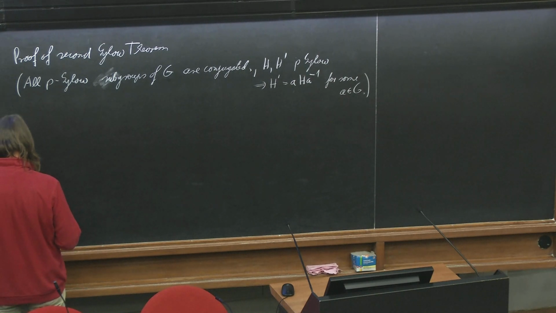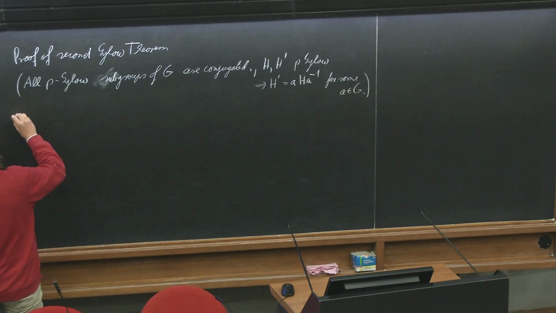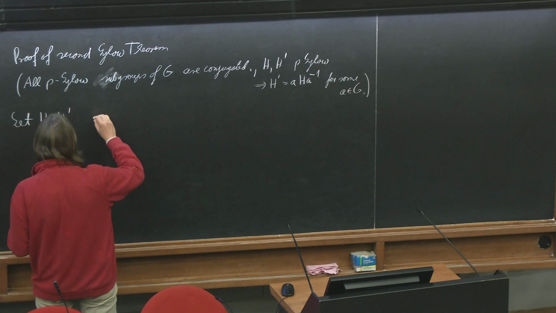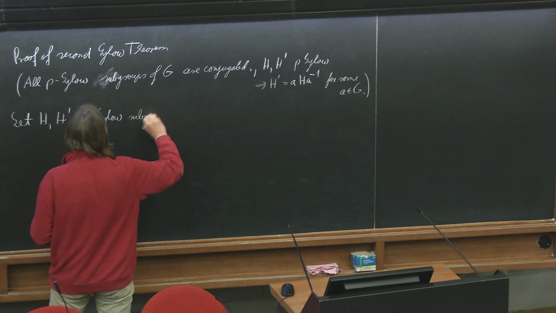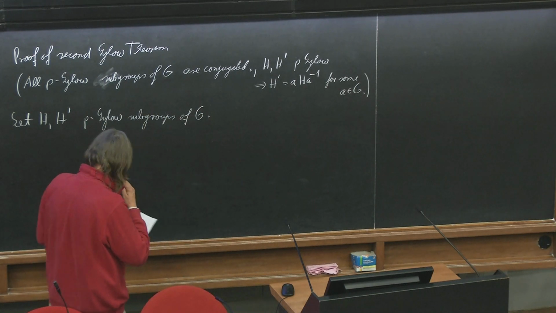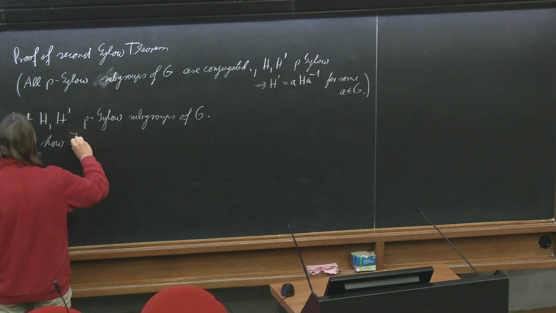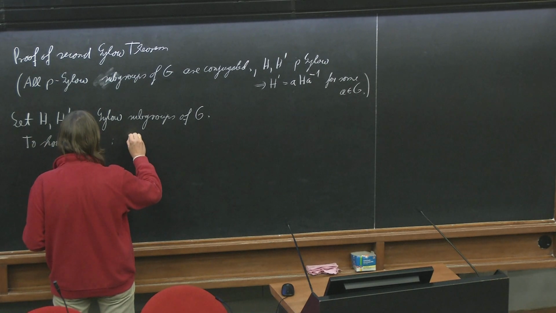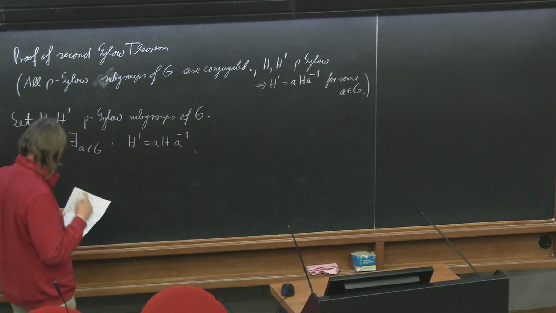So in this case, let me write it down. Let H and H prime be p-Sylow subgroups of G. We want to show, as I said, there exists an element A in G such that H prime is equal to A H A to the minus 1.